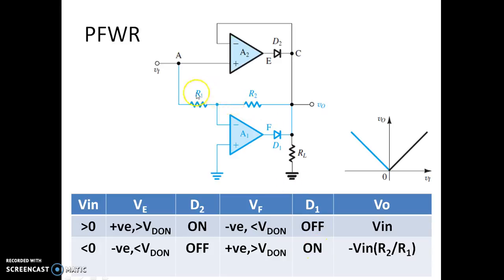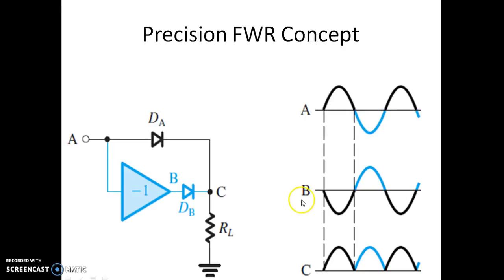When D1 turns on, we have the input voltage coming at V0 through this inverting amplifier. That's why we have the output voltage, which is the inverted version of the input voltage with a gain of R2 by R1. Here the slope is 1, whereas this can have a variable slope of R2 by R1. This way we get the waveform which is expected.